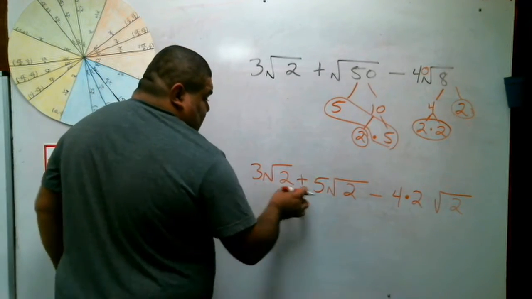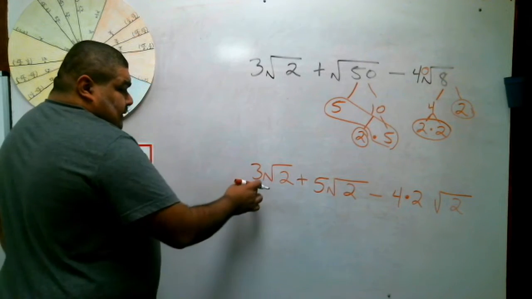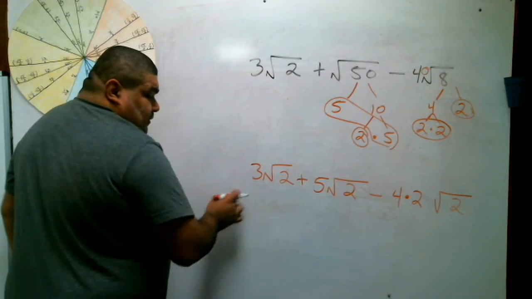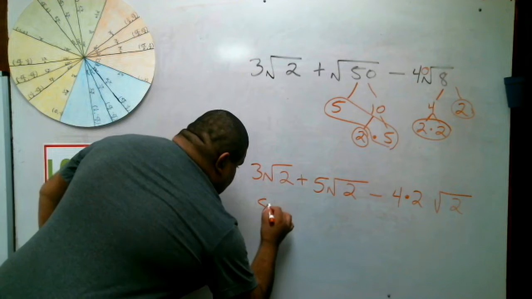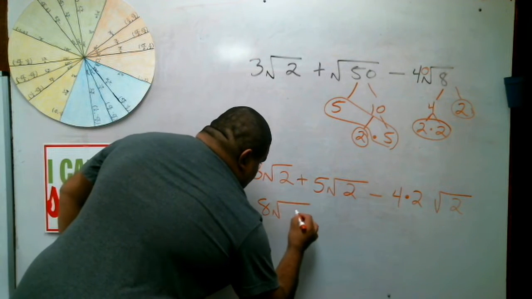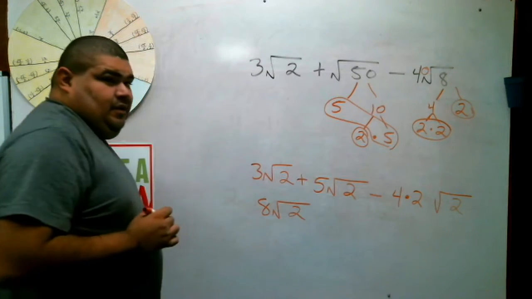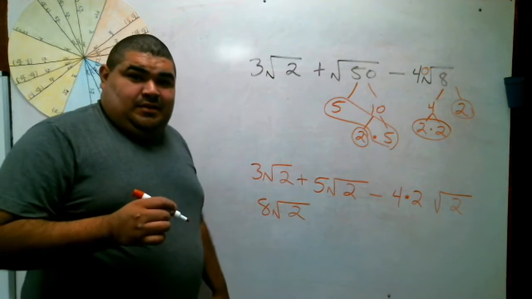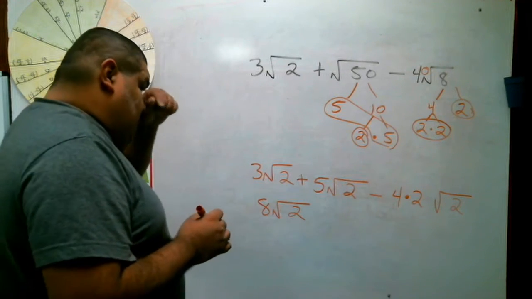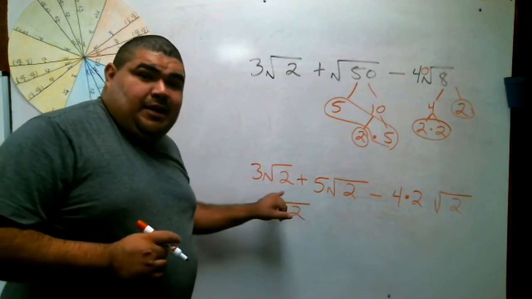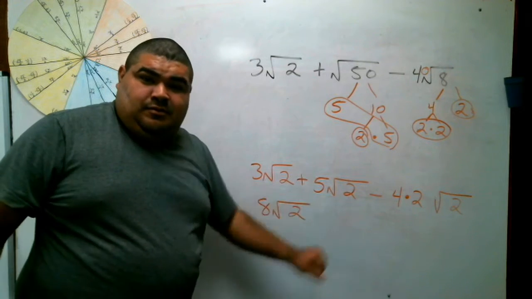Okay? So we can say 3 radical of 2. Notice how they're both radicals of 2's, so we can combine them. We have 5 plus 3 is 8 radical of 2. The reason why is because remember, you can combine them only when you have the same radical.